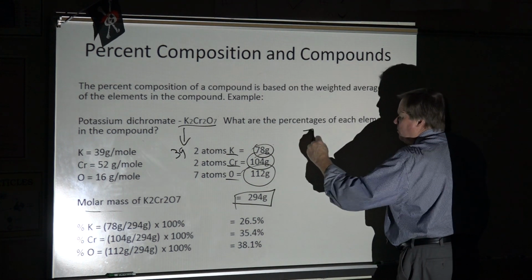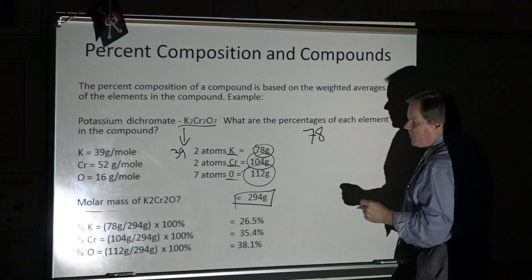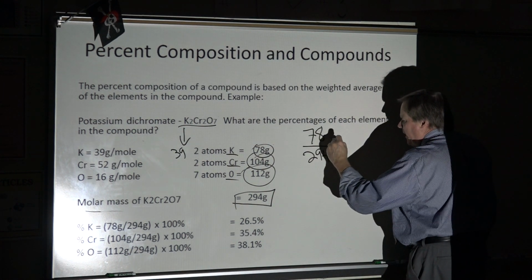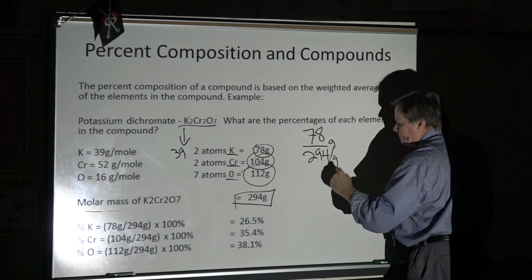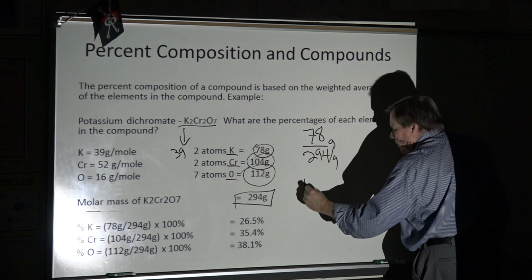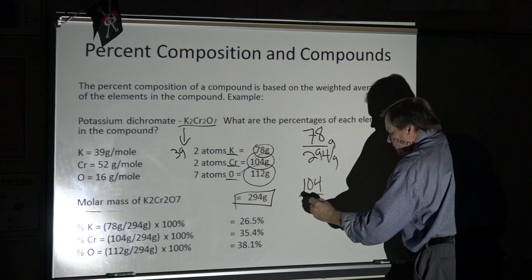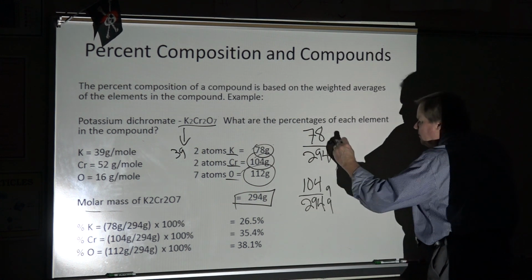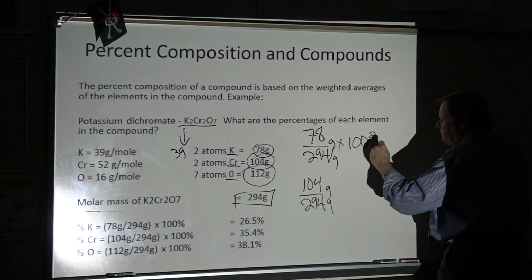Our potassium was 78 out of the 294. So there is our math for that one. Our chromium is 104 over 294. And then we would multiply this times 100%.